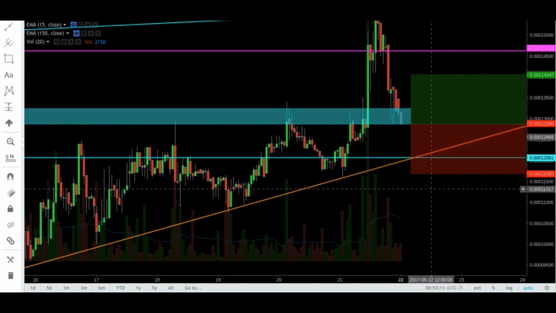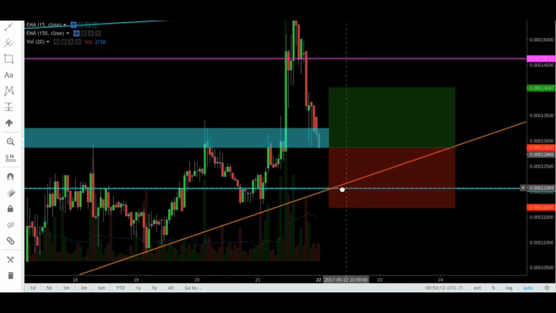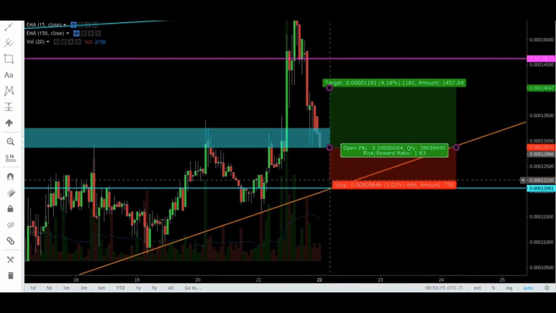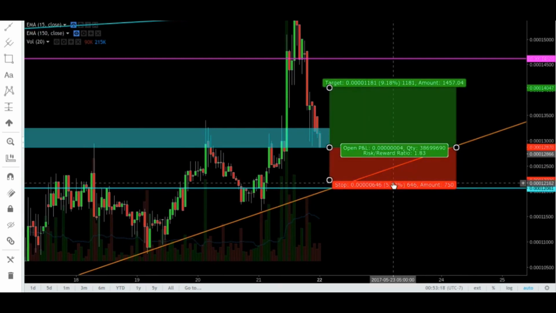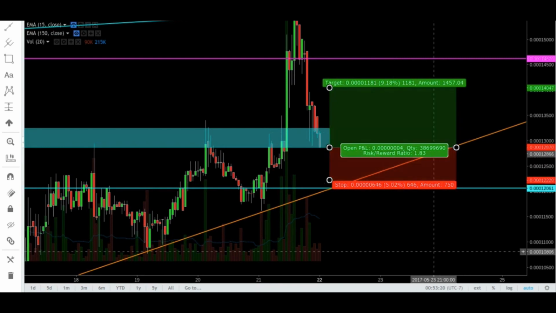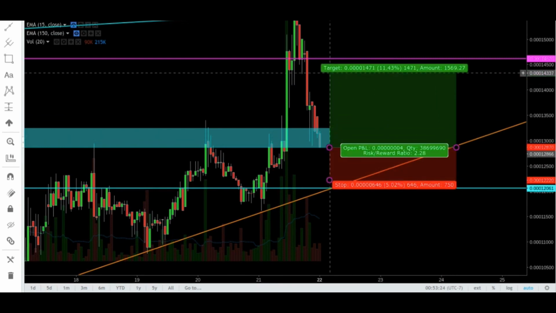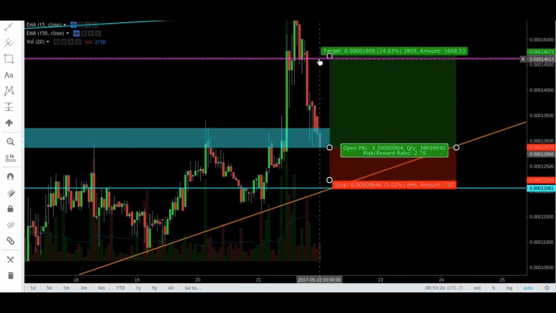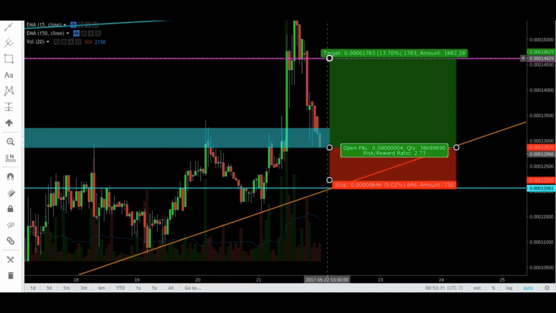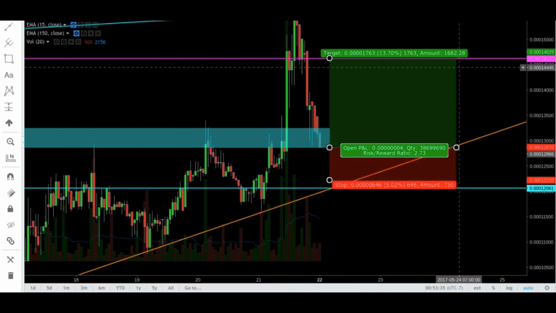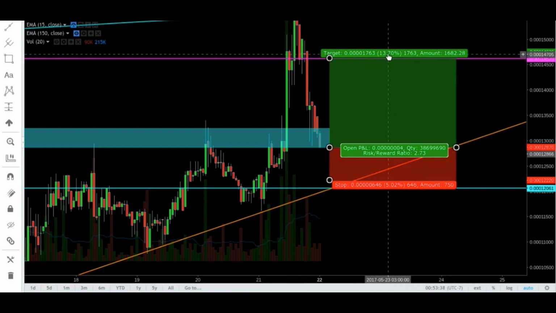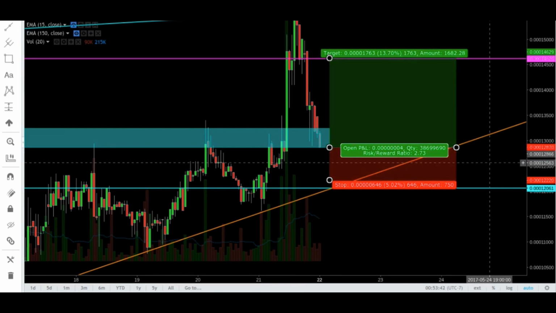If we set our stop at 5%, and our target, since this is a weekly line, this purple one here, that will more than likely be a resistance or a point of return before moving forward, we would see a possible return of 13%, or a 1 to 2.73 ratio, which is okay.